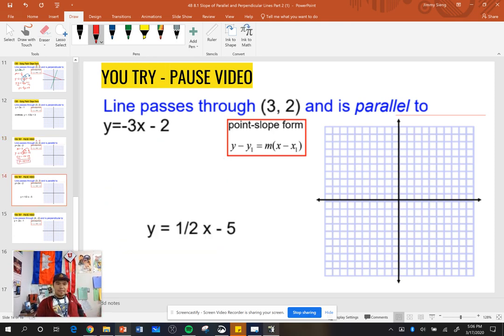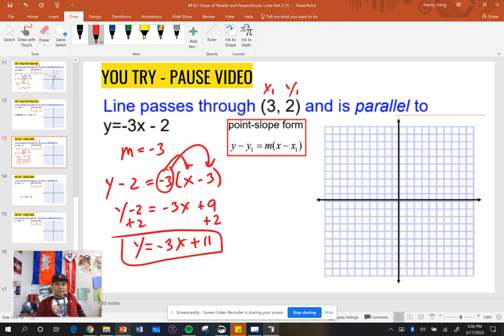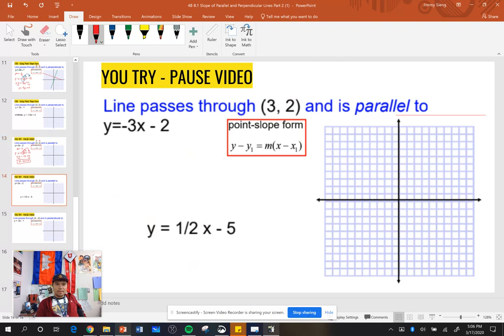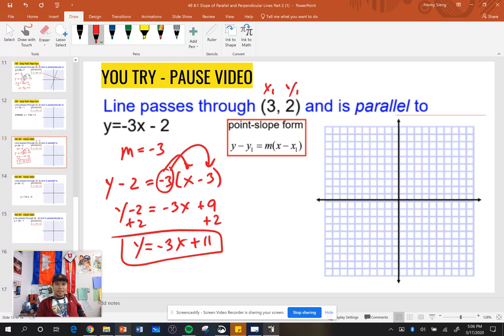Okay, is that the answer? What? Didn't get the same answer. What did I do? So you have that slope. Oh, wait. No, I think I'm right. Negative times negative is positive. I must have copied and pasted wrong, but that's fine.